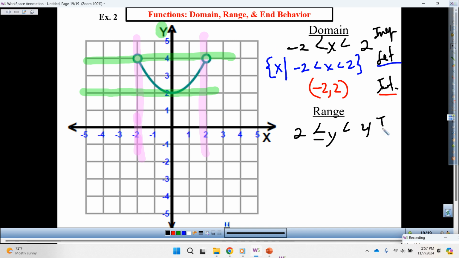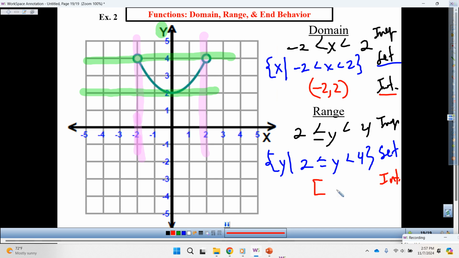All right, this is my inequality. Help me with a set notation. Sergio, go. Bracket. Yes. Pass it to someone for the interval notation. Go ahead, Jeff. Bracket.